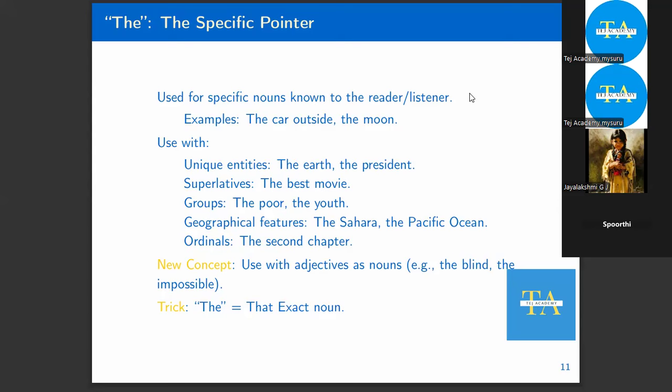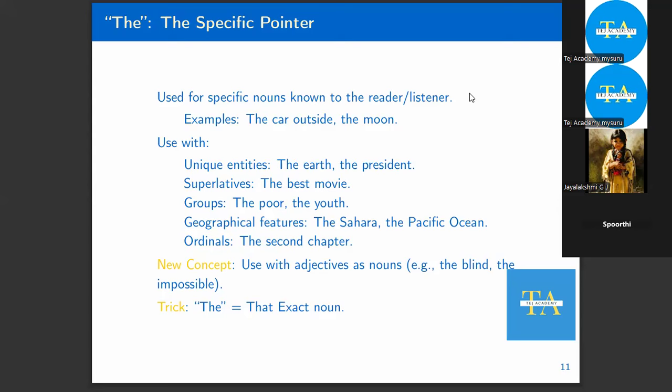And in front of superlatives. Superlatives are the words which speak about the quality of something. Like this is the best movie I have ever seen. So the best speaks about the quality of the movie. In such cases we use the. And she is the most beautiful model in the event, maybe.